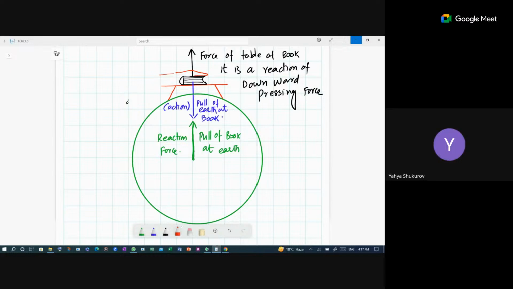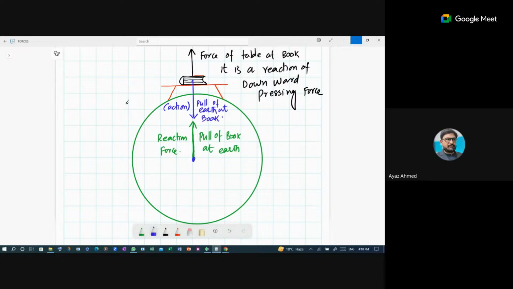You are pressing the book downward. So what about the black force? Will it be increased? Yes. What about the blue one? No. And what about the green one? Also no. They are gravitational forces, they are not changed.